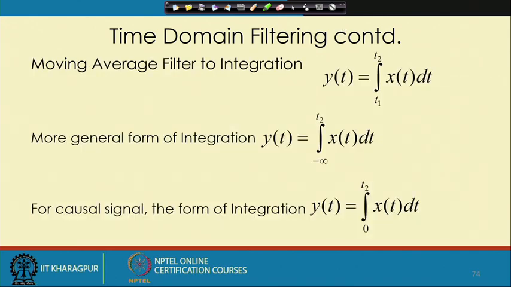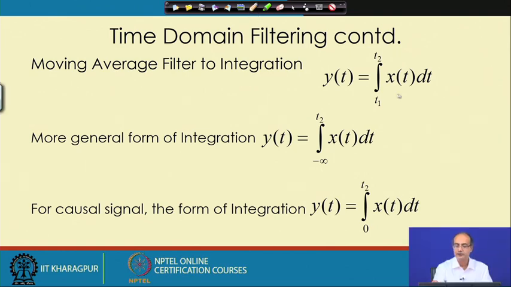Next, we look at the moving average filter and integration, and the relation between these two. For the integration here on the right hand side, we are showing that the input is x. We can integrate from t 1 to t 2 over some interval, and we get the output y(t). In a more general form, if the signal is starting from minus infinity, we get the integration from minus infinity to the present instant, maybe t 2, and that gives us the signal y(t).